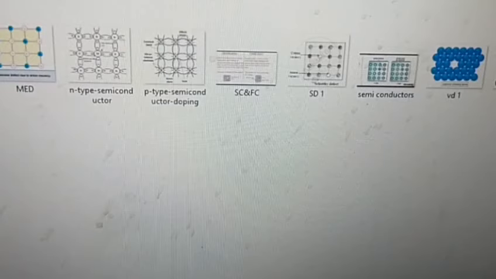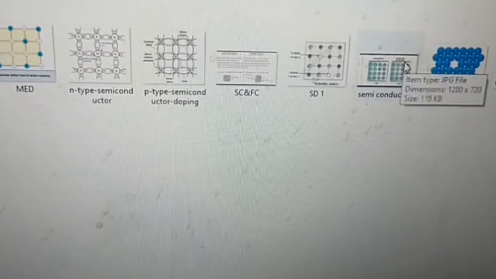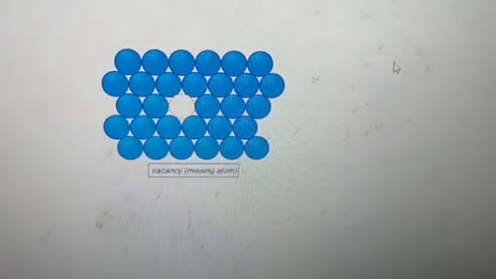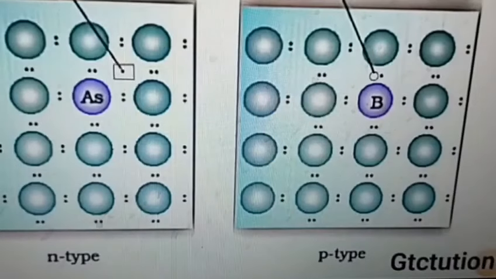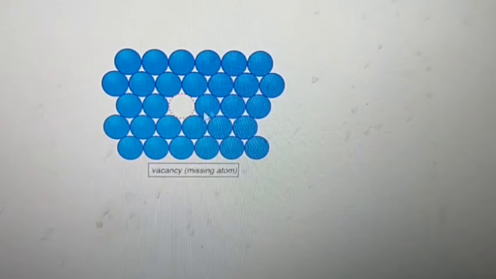So what is meant by vacancy defect? The name itself indicates that there should be a vacancy. For example, this is a crystalline arrangement. See here, there is a vacancy. That means in the crystal lattice some constituent particles are missing.